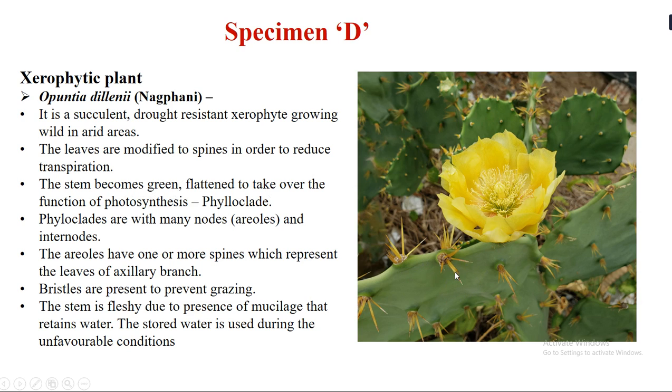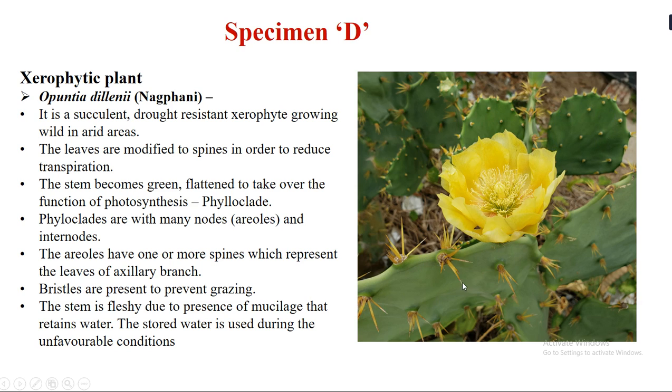In usual plants, the photosynthesis process is done mainly by the leaves. Over here, there are no leaves, there are spines, so photosynthesis is done by the stem of the plant. This green structure that you see, known as a phylloclade, is nothing but the stem, which has become flat and green, and does the process of photosynthesis.